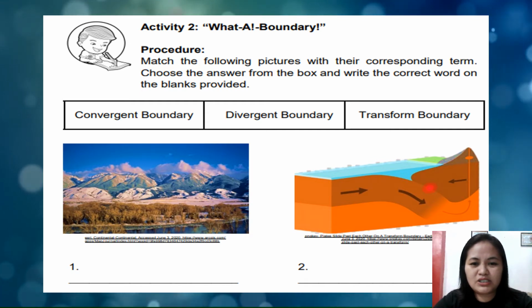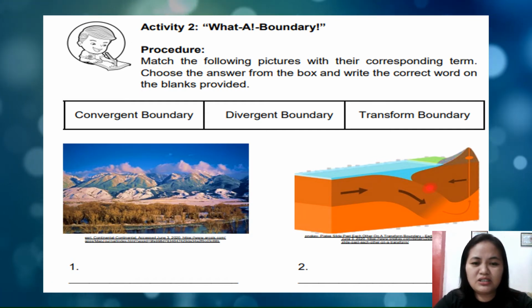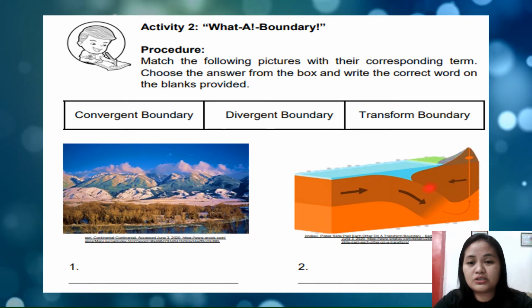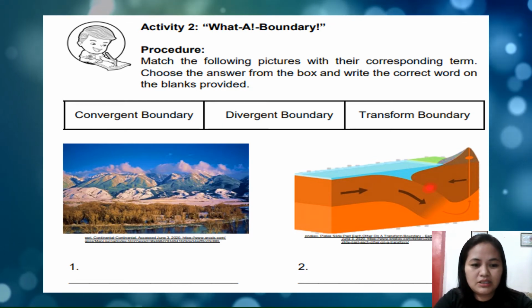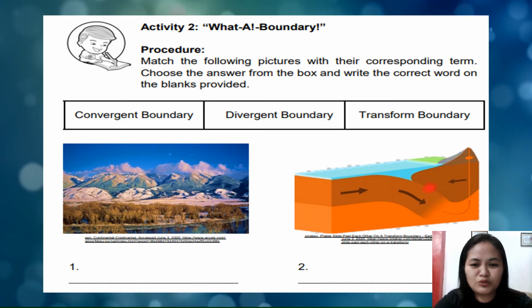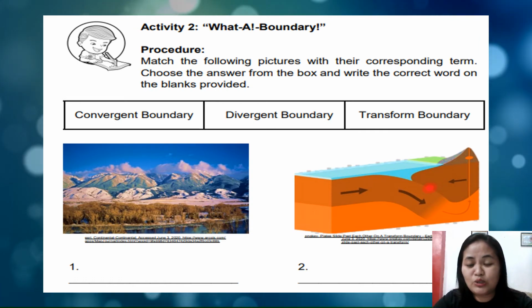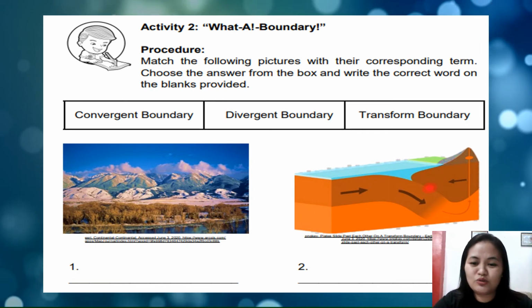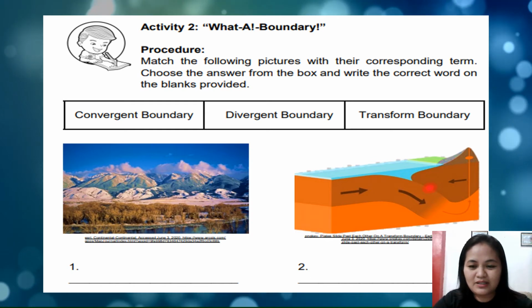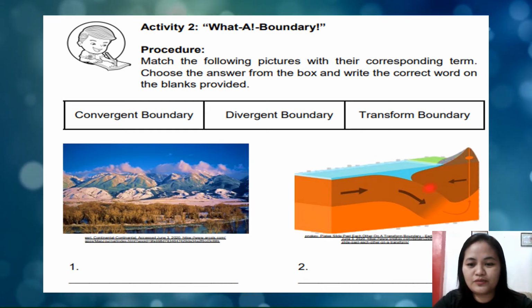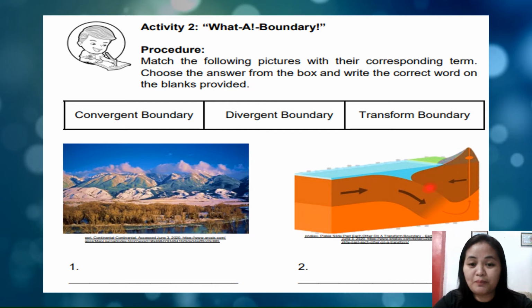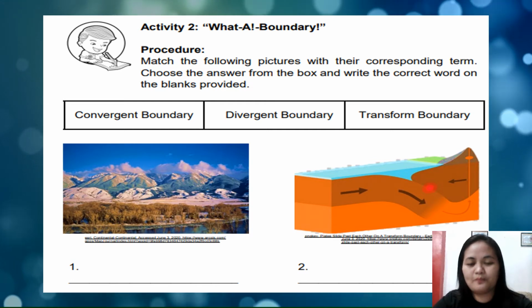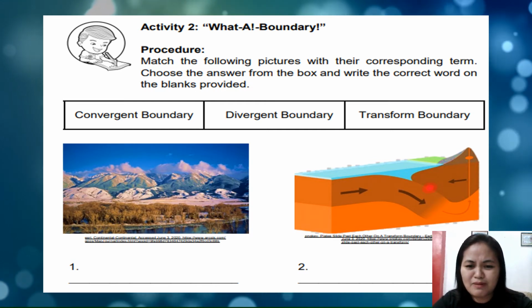Choose among these three. Convergent, divergent, or transform. That is number 1, mountain ranges. Ma'am, hindi ko na-gets. O di i-replay mo dun sa part na yon. That is the purpose of this recording, so you could replay whenever you need to.